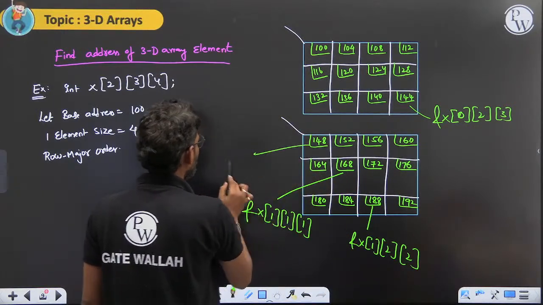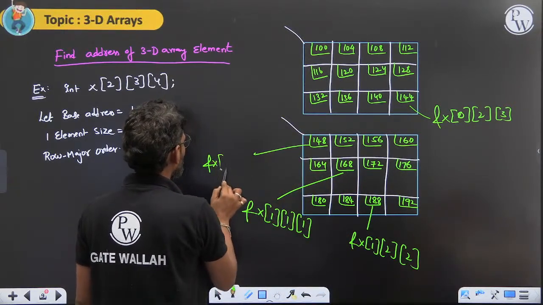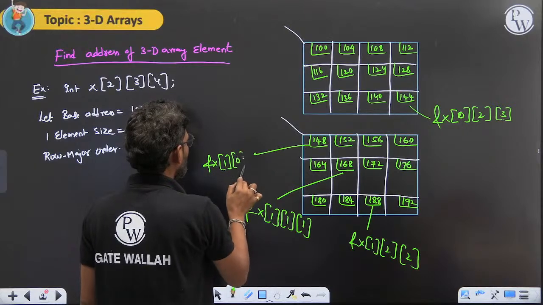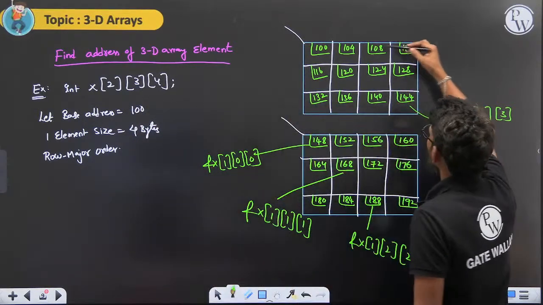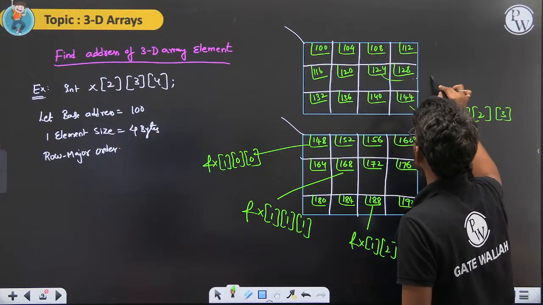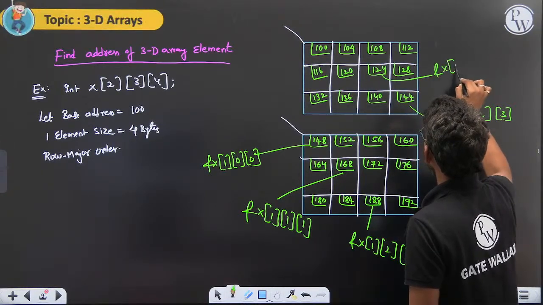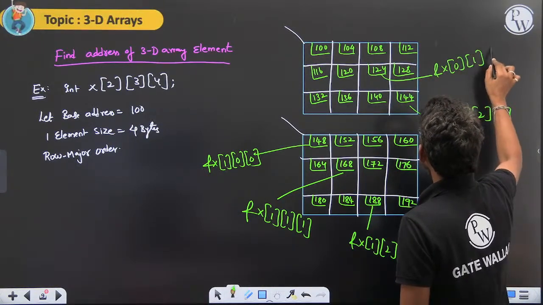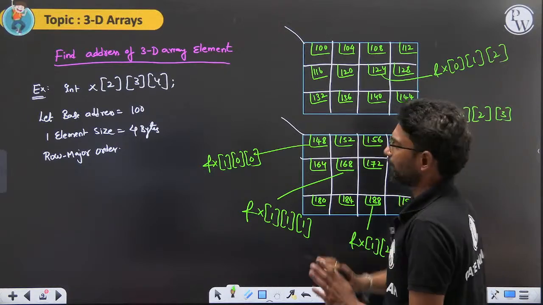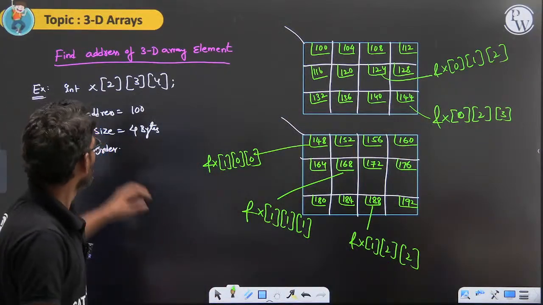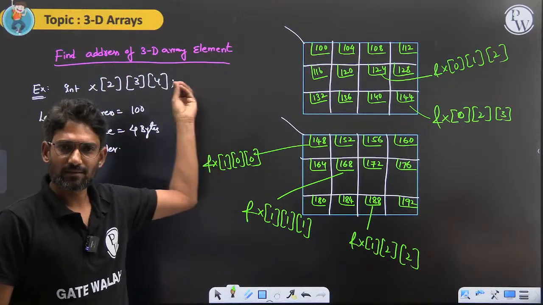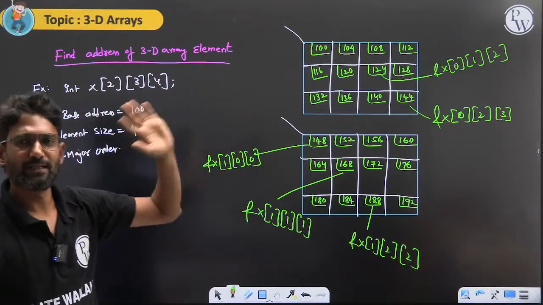Address of x of 1, 0, 0, 148. And somewhere like I want some address, this one, address of x of 0, 1, 2, 124. We can easily say when the dimensions are small like this.